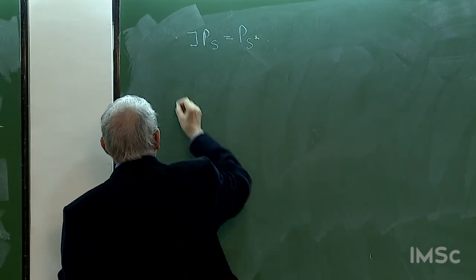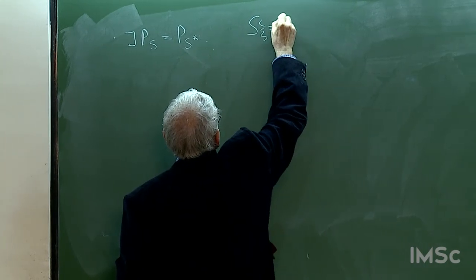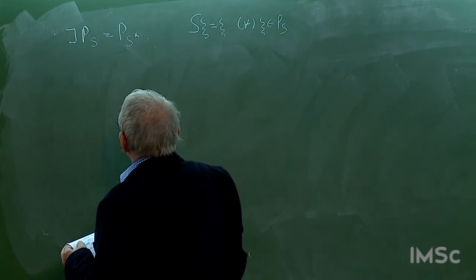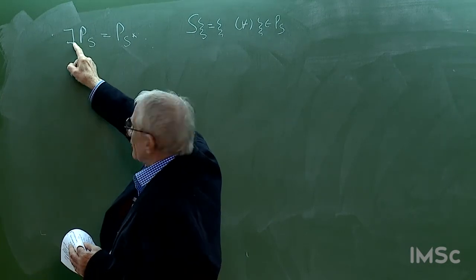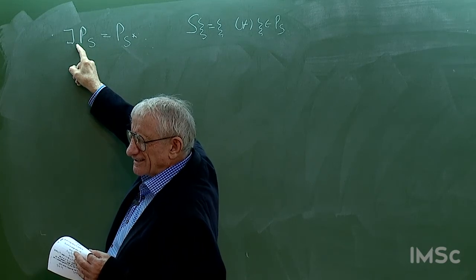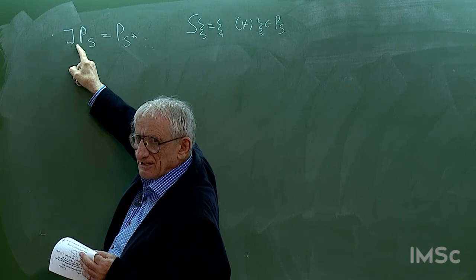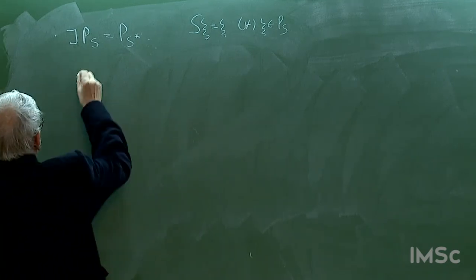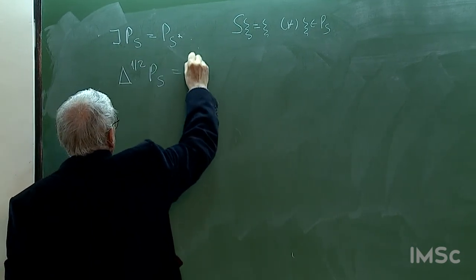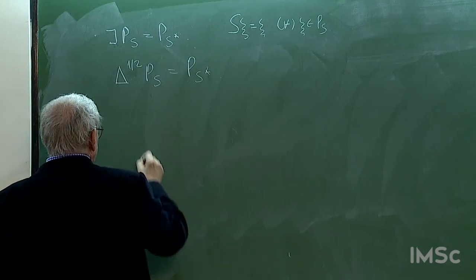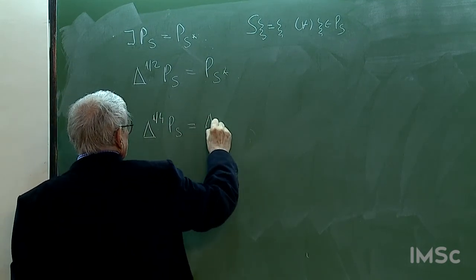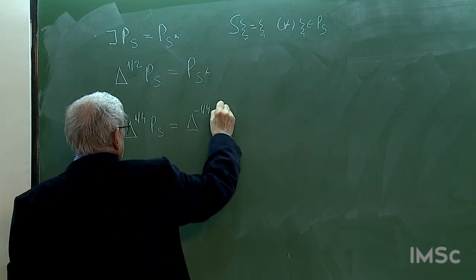And because you have S psi is equal psi for every psi in PS, you can put here JS, and you recall that S is J delta power 1/2, so that J square is 1. So what you get is delta power 1/2 of PS is equal PS star. And that means that delta power 1/4 of PS is equal delta power minus 1/4 of PS star.